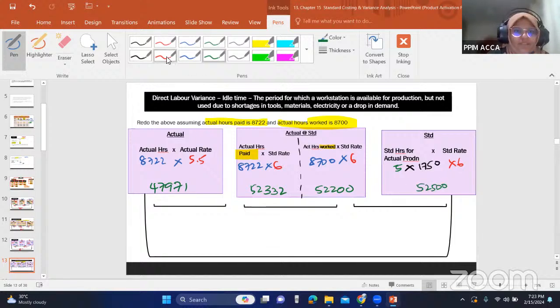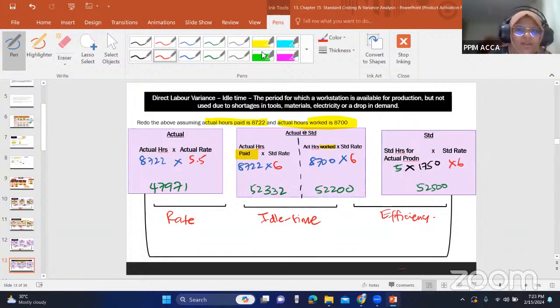So the first one, like before, is the rate. The last one is the efficiency. What you get in the middle is the idle time. Now remember, idle time is a variance. Closing stock wasn't a variance, but idle time is a variance.